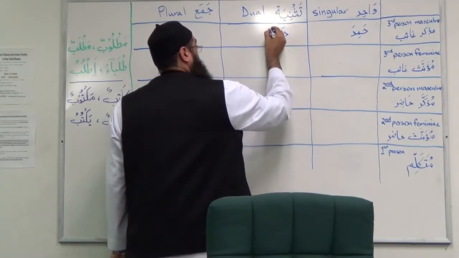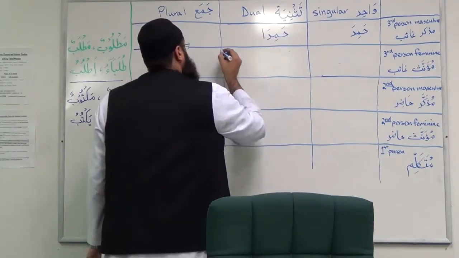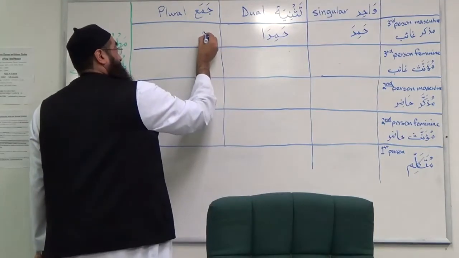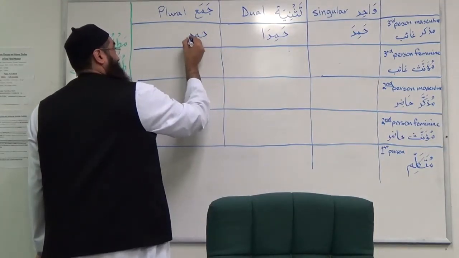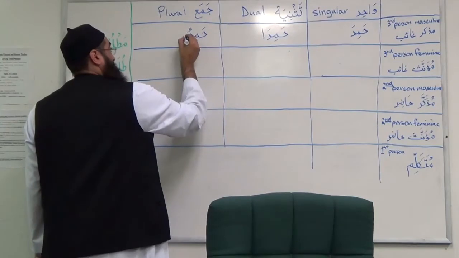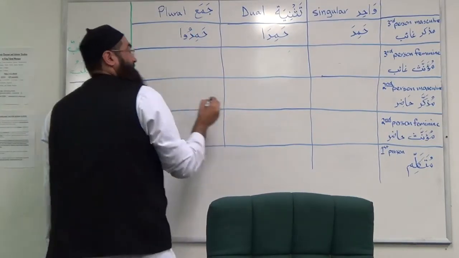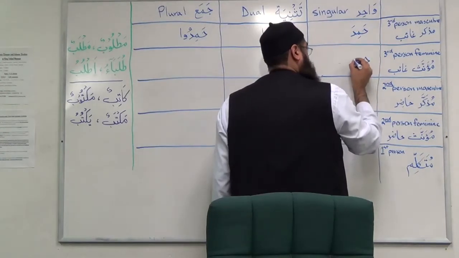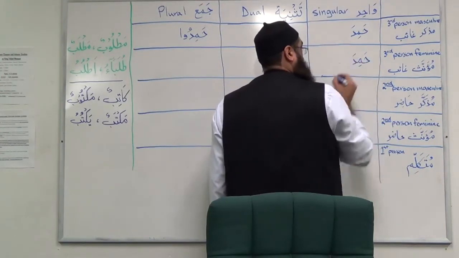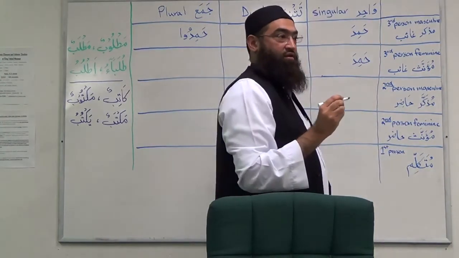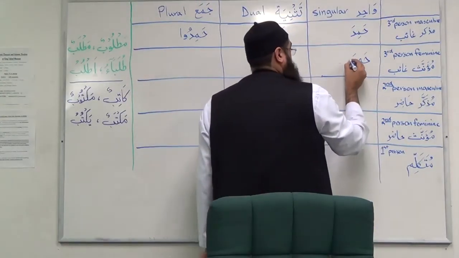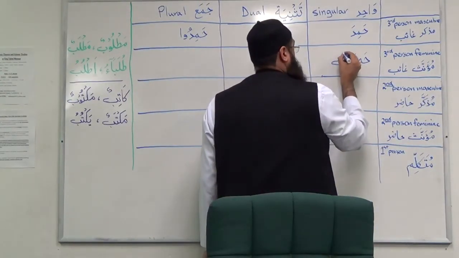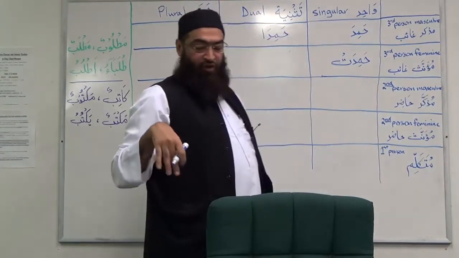Hamida. And then all those men praised: Hamidu. That one lady praised: Hamidat. Good. So you should be writing this also in your little column.